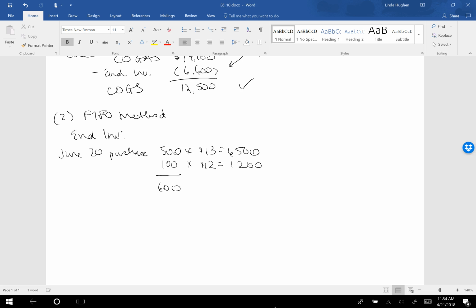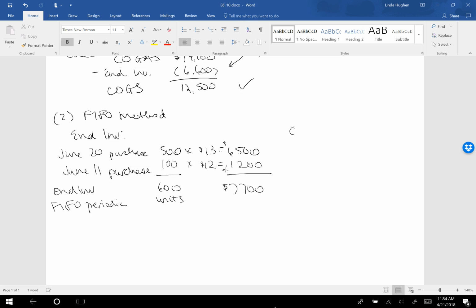Well, we are trying to account for 600 units in ending inventory, and we are going from the most recent purchase and working backwards. So the ending inventory under the FIFO periodic method is the 6,500 plus the 1,200, or 7,700.